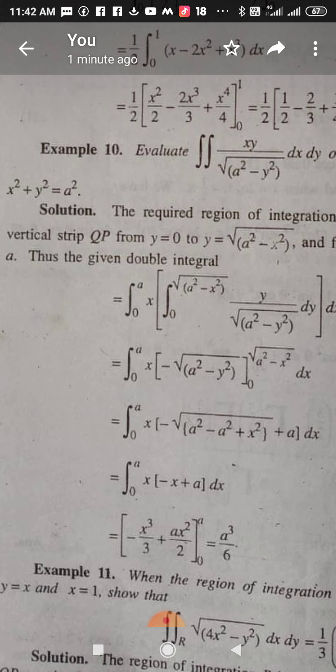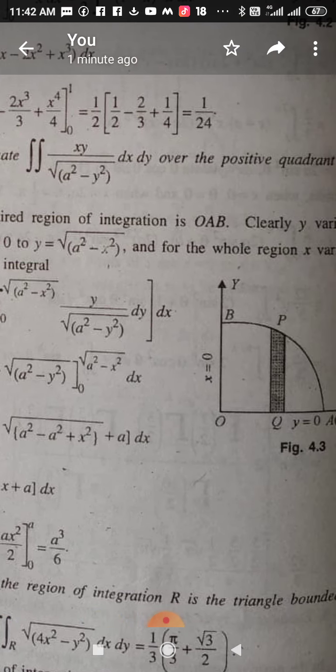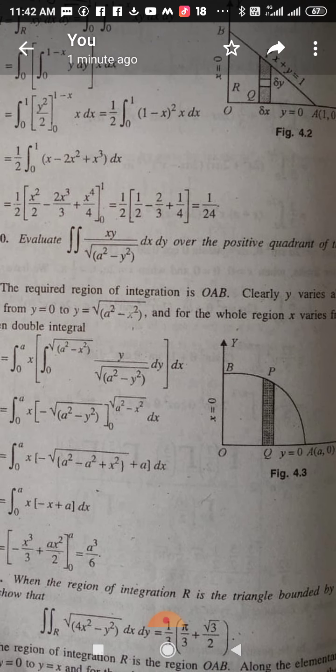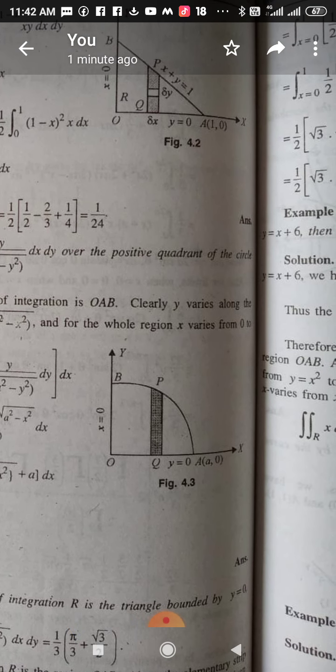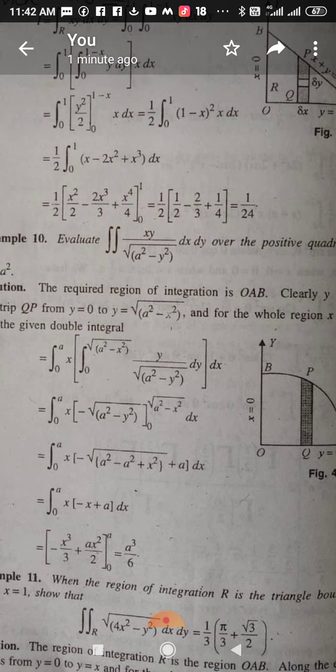We know well this is the equation of the circle whose center is the origin and radius is a. So this is drawn, and this integral is calculated only on the first quadrant, so only the first quadrant is shown here.